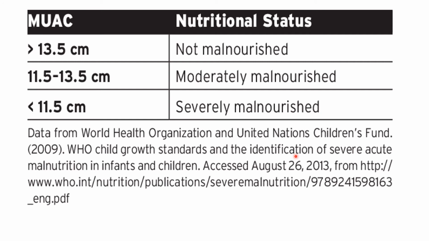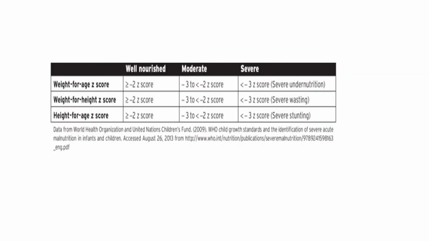The standards are there for the older children also. By comparing the existing MUAC with the standard, we can say the nutritional status of the child. Okay, one more thing, that is the Z score.